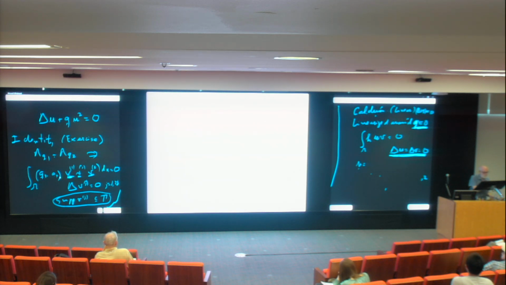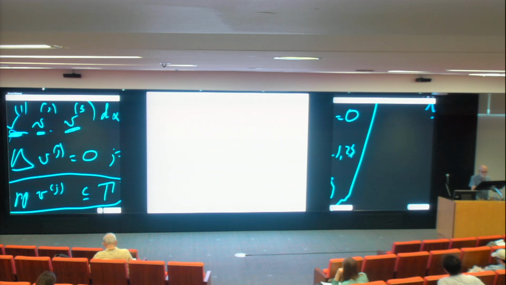So this is similar to that. Q1 minus Q2 is the H, but here we have 3 solutions. Actually, we just need 2, but in this case, 3 happens. They are harmonic functions, but the support is contained in gamma.